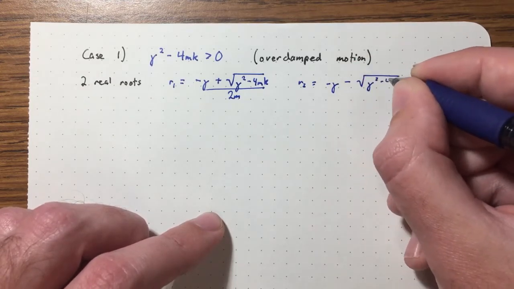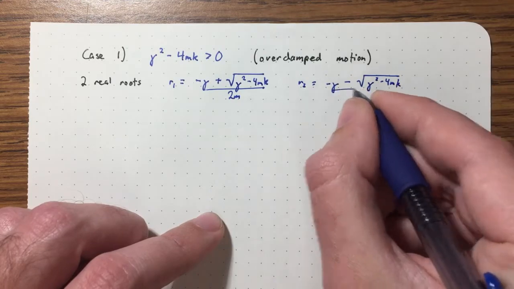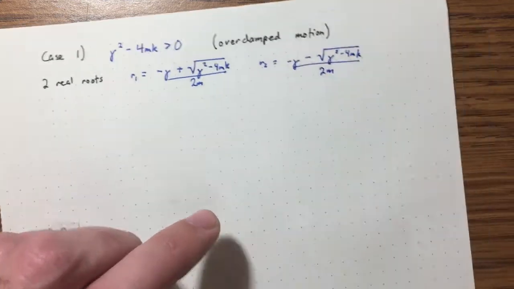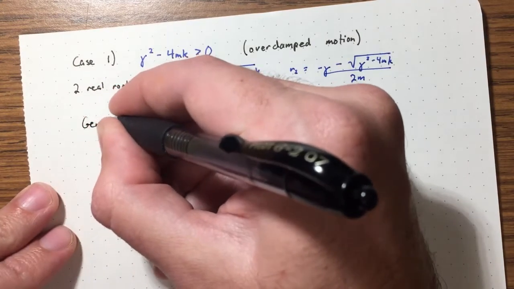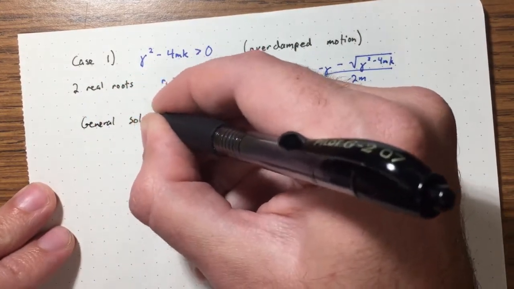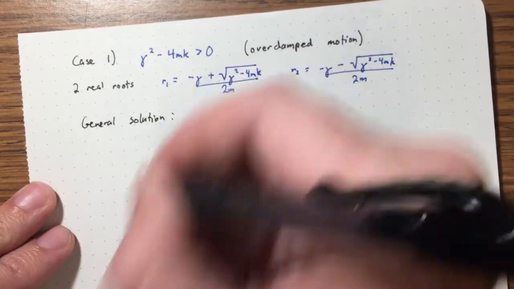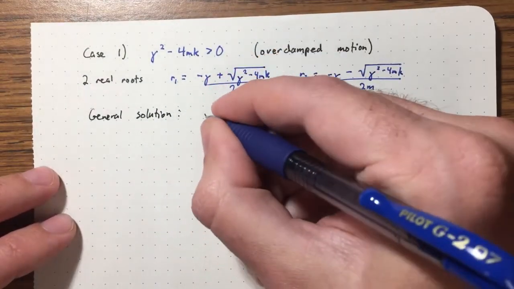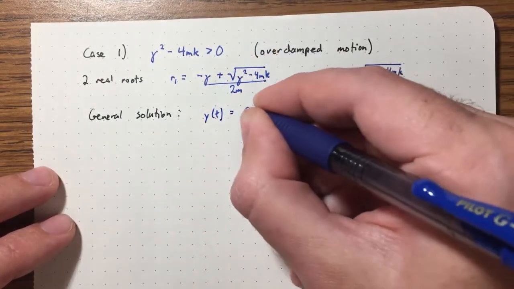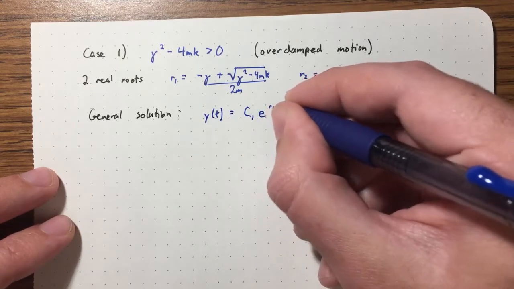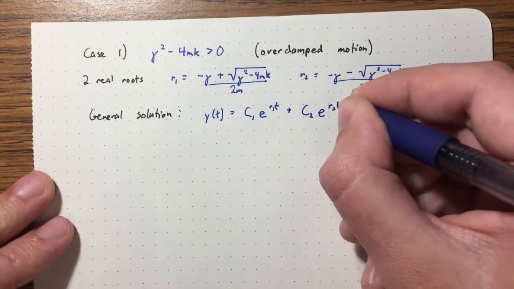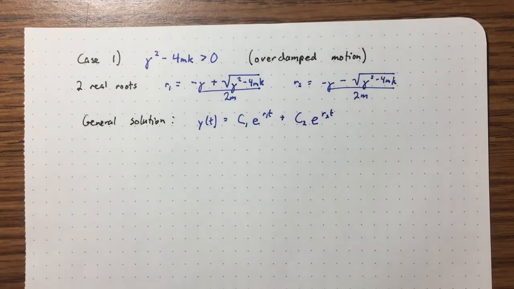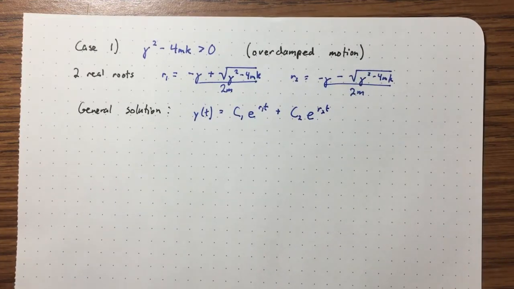Gamma squared minus 4mk over 2m. Those are our two roots. And our general solution, remember our guess is e to the rt, so our general solution is just going to be c1 e to the r1t plus c2 e to the r2t, just like we've done in the previous lectures.